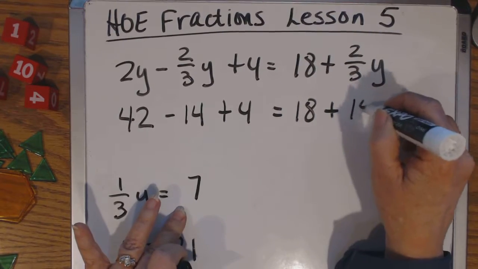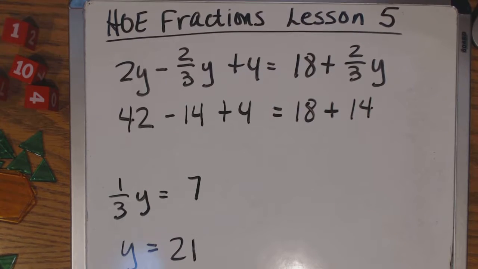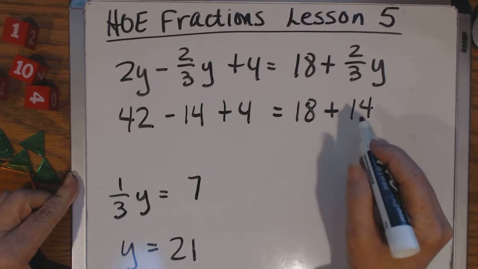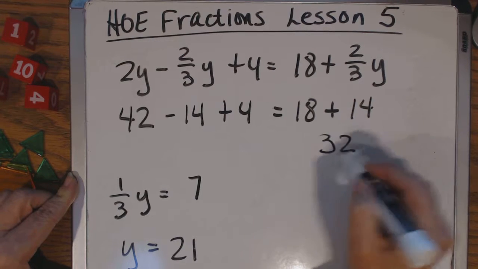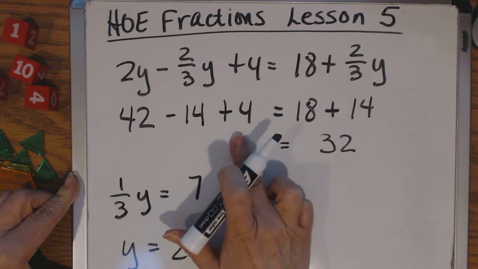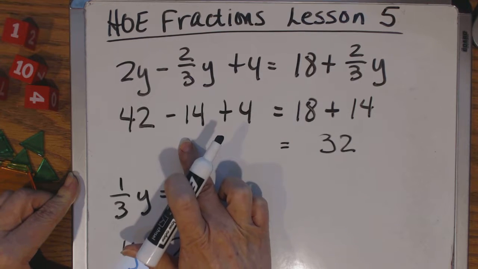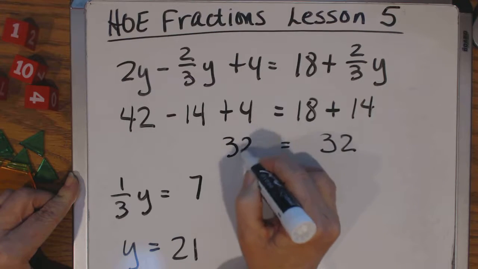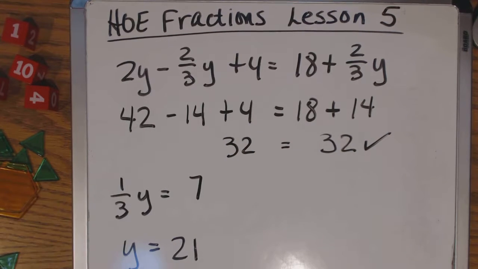That'd be 2 times 7. Okay, and so on this side I get 32. On this side, if I say negative 14 plus 4, that means minus 10, right? Then that means 42 minus 10 is, in fact, 32. 32 equals 32. There's a check.